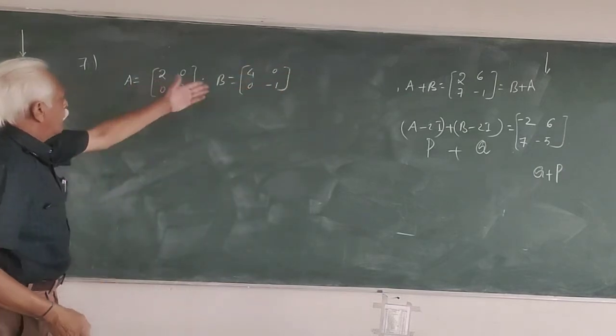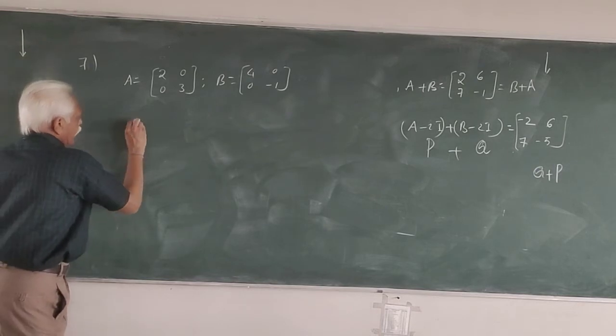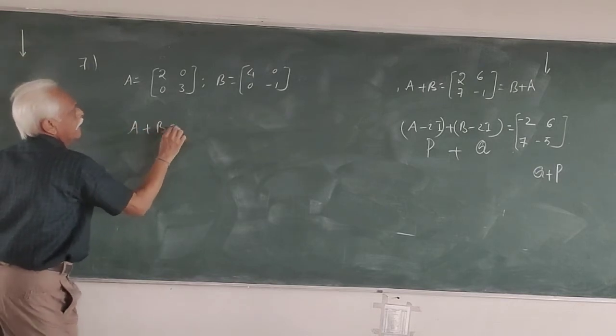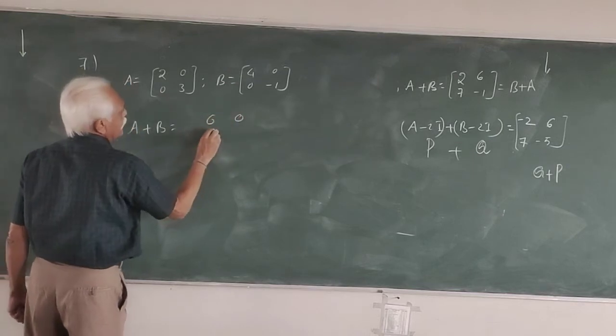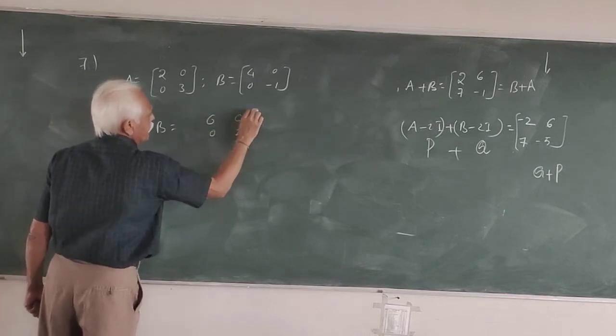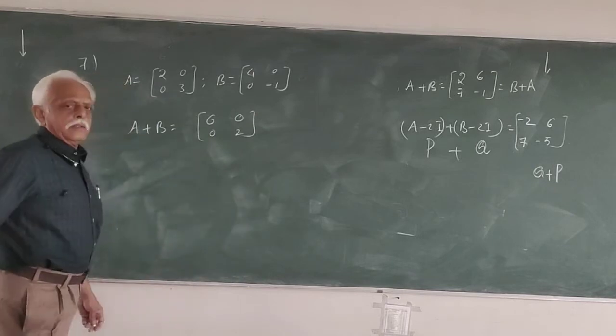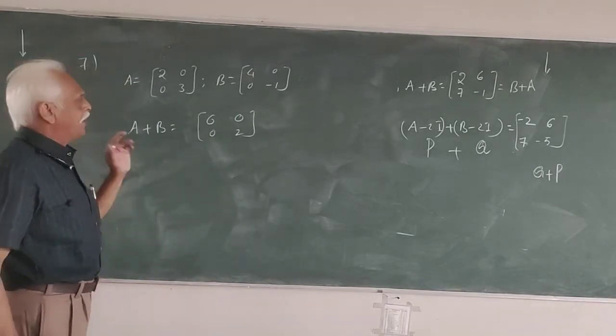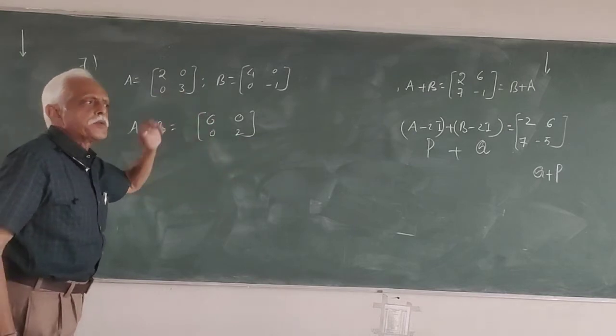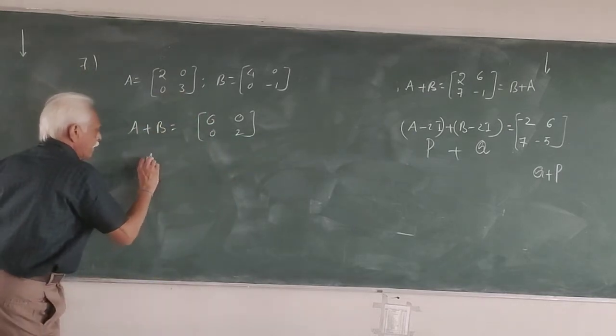Now if you add them, what are you getting? A plus B is equal to 2 plus 4 is 6, 0, 0, 3 minus 1 is 2. Isn't it? The sum of two diagonal matrices is a diagonal matrix. We have elements only in the principal diagonal. Now, AB.